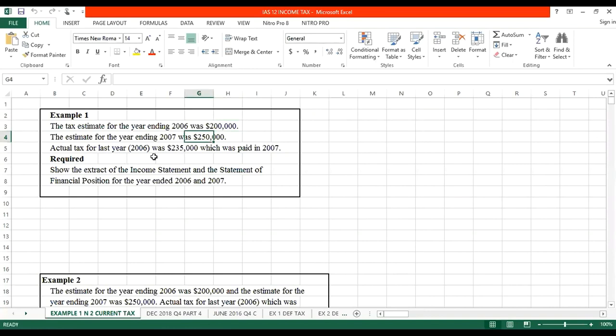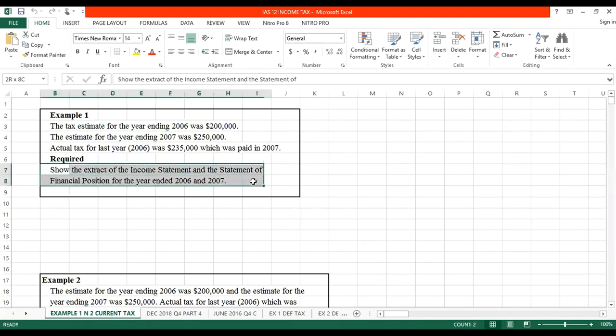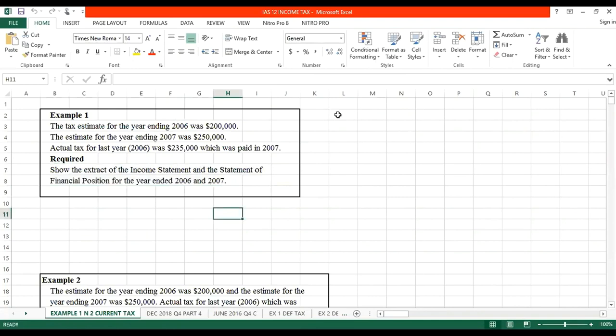The actual tax for last year, 2006, that was paid in 2007, is 235. Now you are being asked to show the extract of the income statement and statement of financial position for the years ended 2006 and 2007.